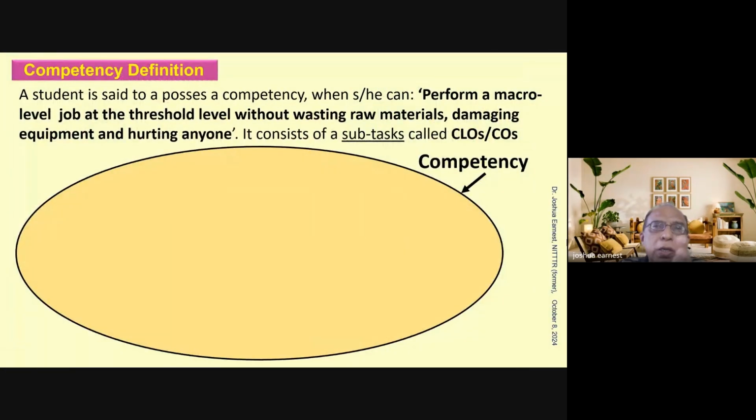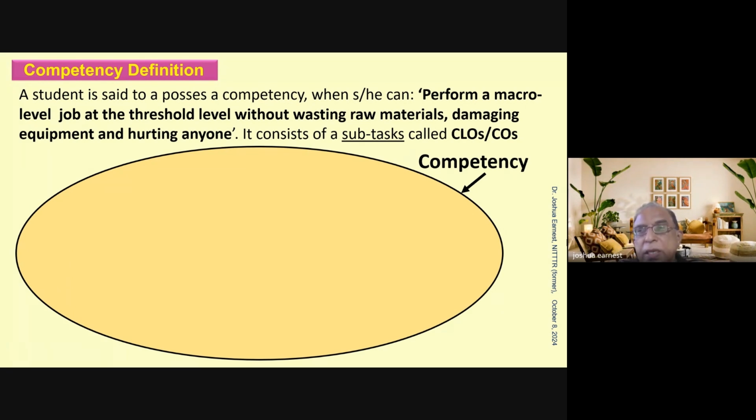Now, what is a competency? We have already seen that. A student is said to possess a competency when she can perform a macro level job at the threshold level without wasting raw material, damaging equipment, and hurting anyone.